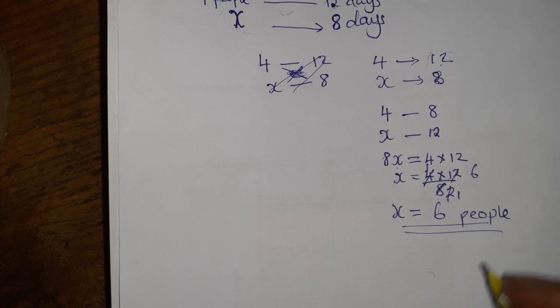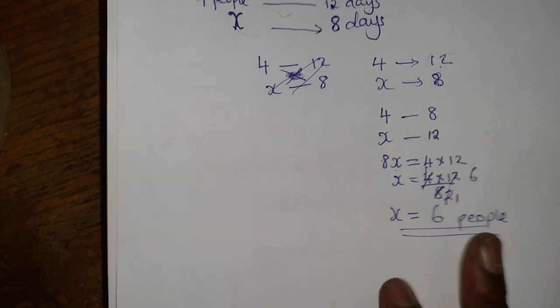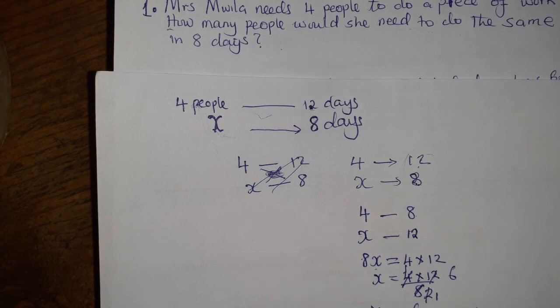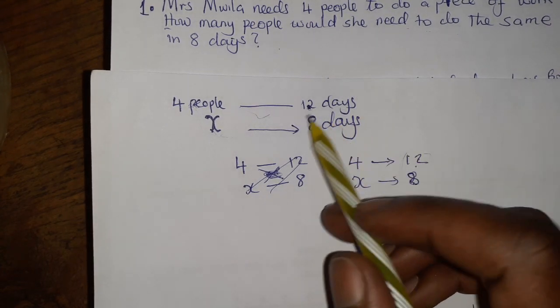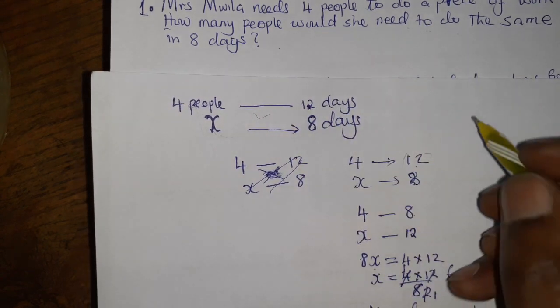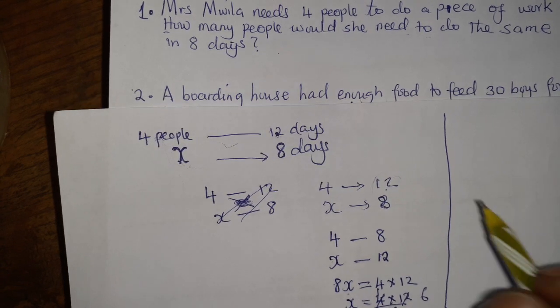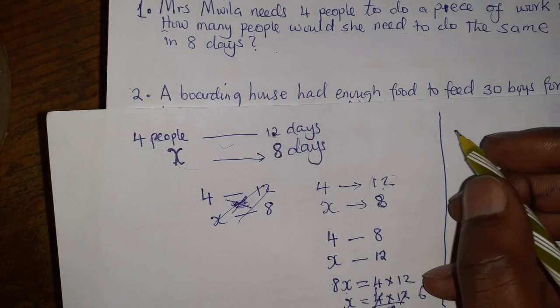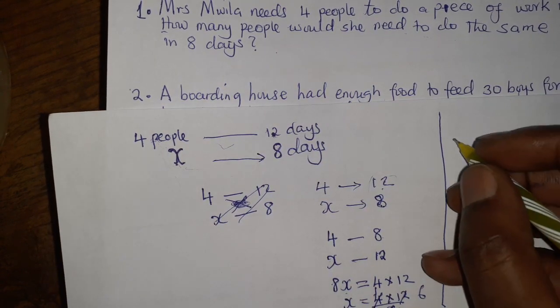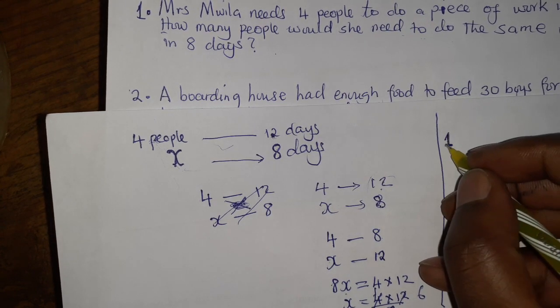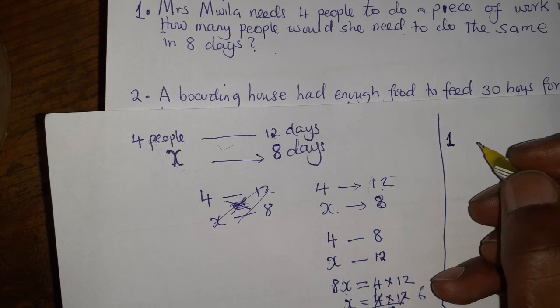Now, the other method that I wanted to show you, although we will not use it going forward, is this: we can say one person, how many days is one person going to take?